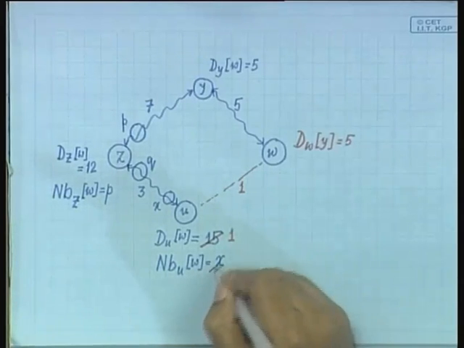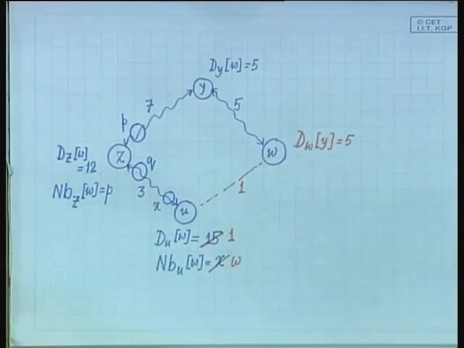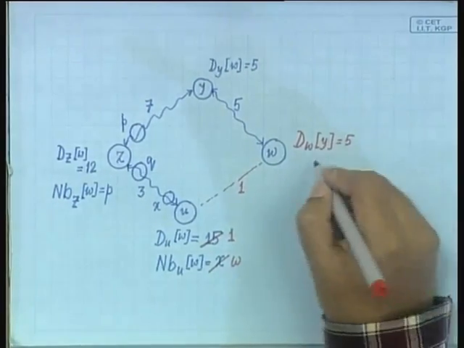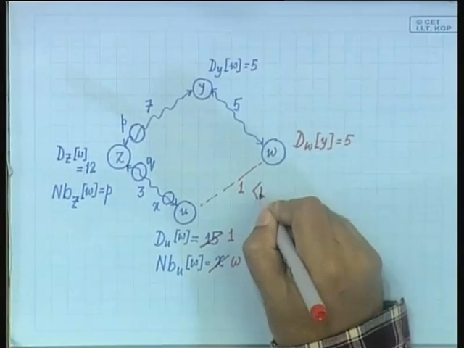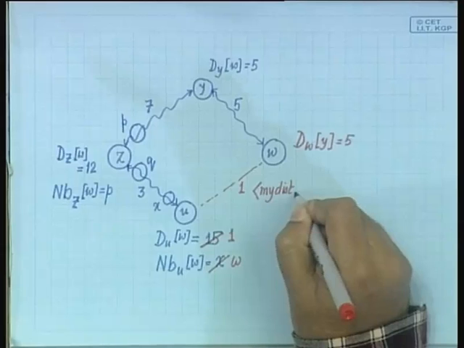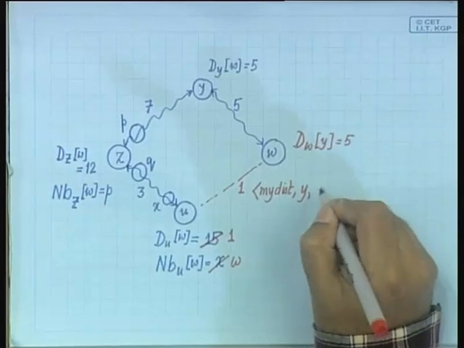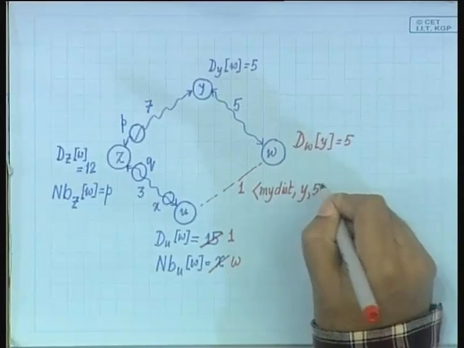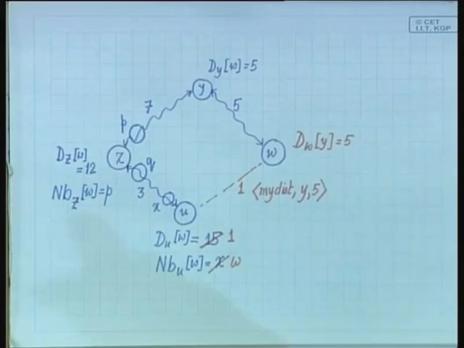And what is this going to become? W, right. It is also going to get a mydist Y 5 message, right.